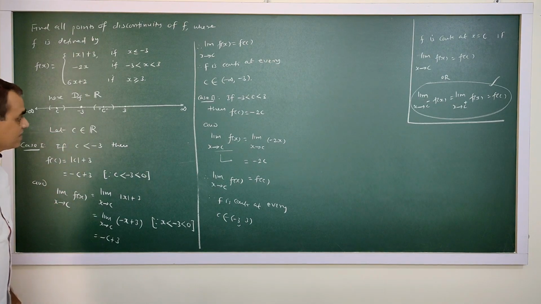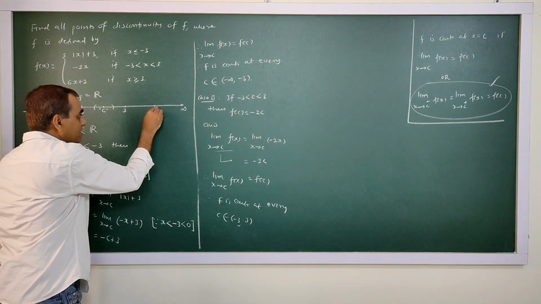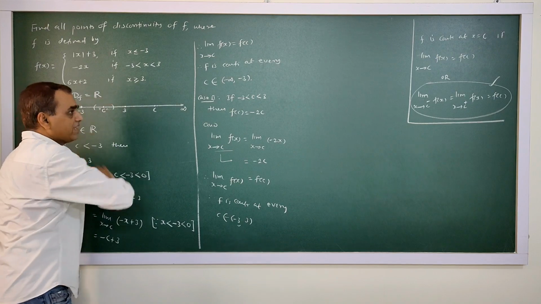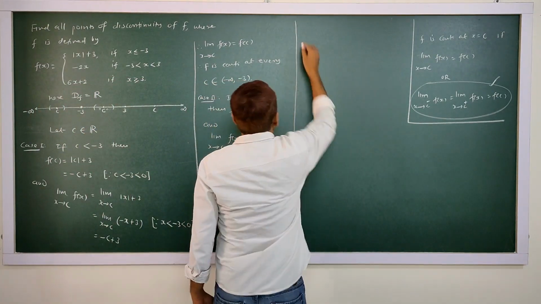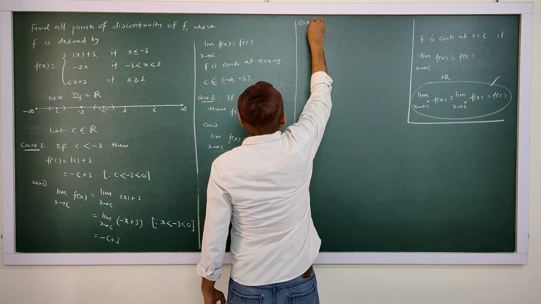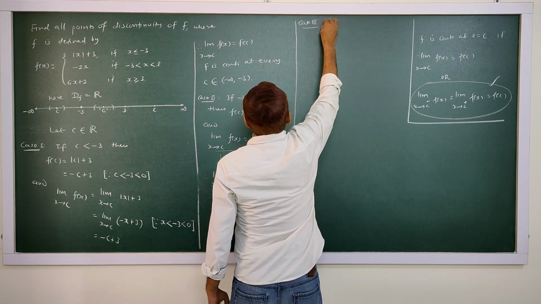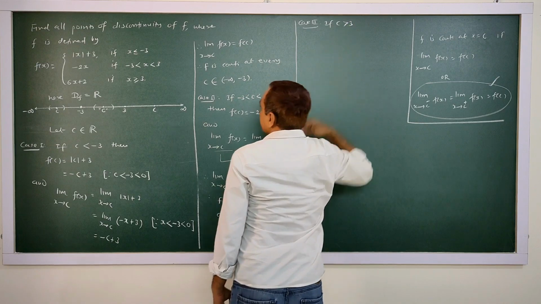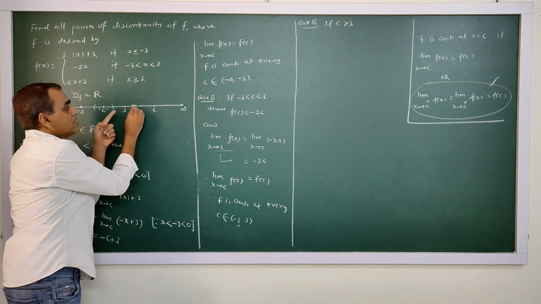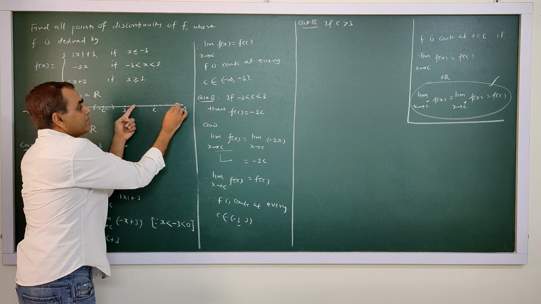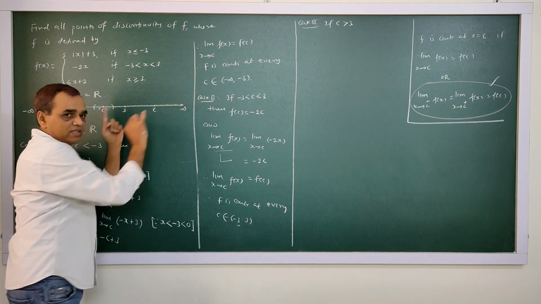Now case 3, we take c which is more than 3. If c is more than 3, c is any number which is more than 3, it can be anywhere on this interval.